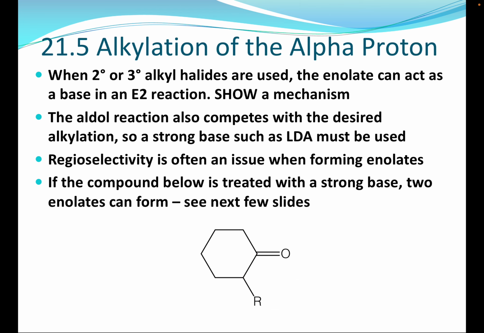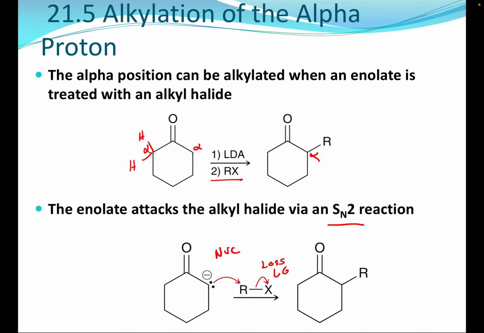If a secondary or tertiary alkyl halide is used, the enolate, remember that carbanion that we just saw, let's flip back there. We know nucleophiles can also be strong bases. Good nucleophiles can also be strong bases.